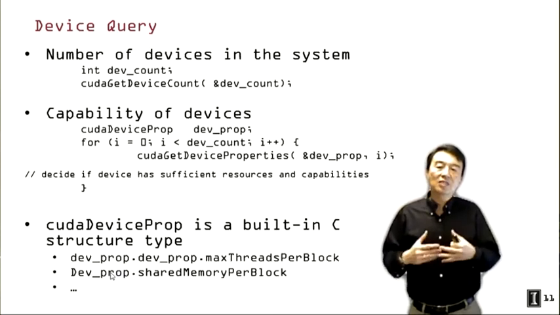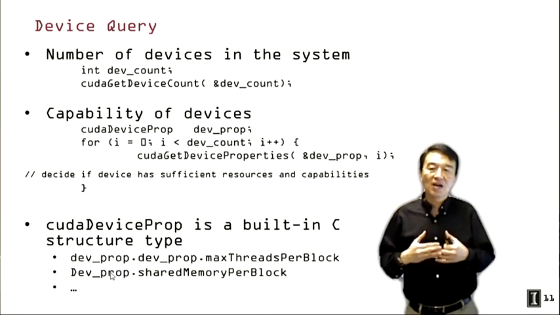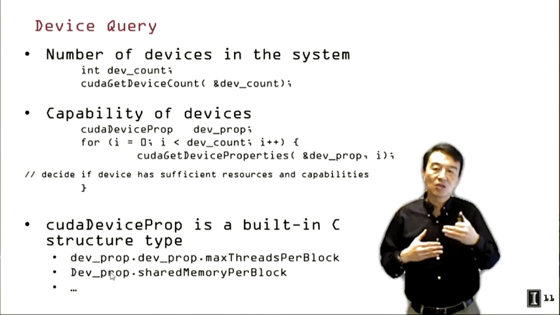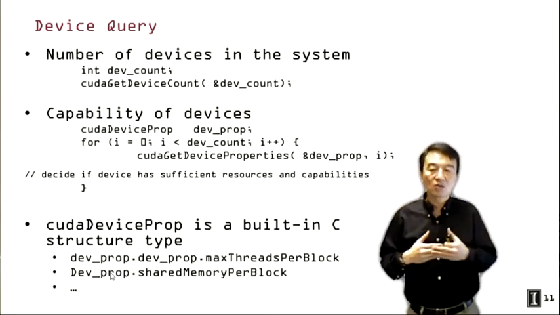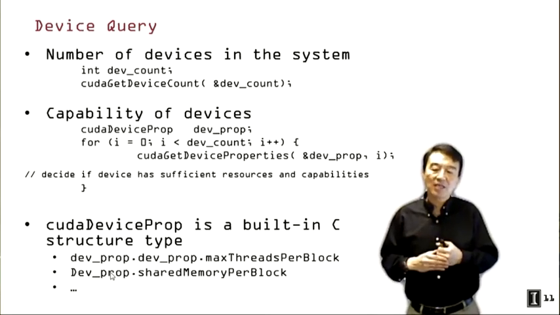Let's now go back to one of the previous comments I made about the size of the shared memory being a design choice, or depending on the particular generation of hardware that you're using. So in order for the CUDA program to adapt to different generations of devices, CUDA provides a device query API function.